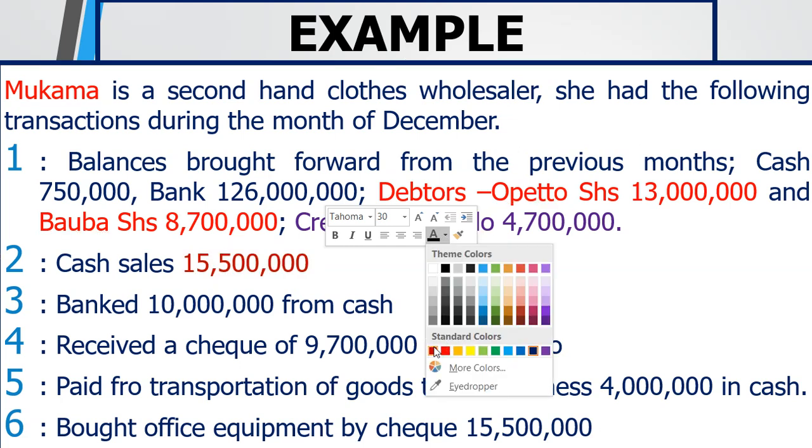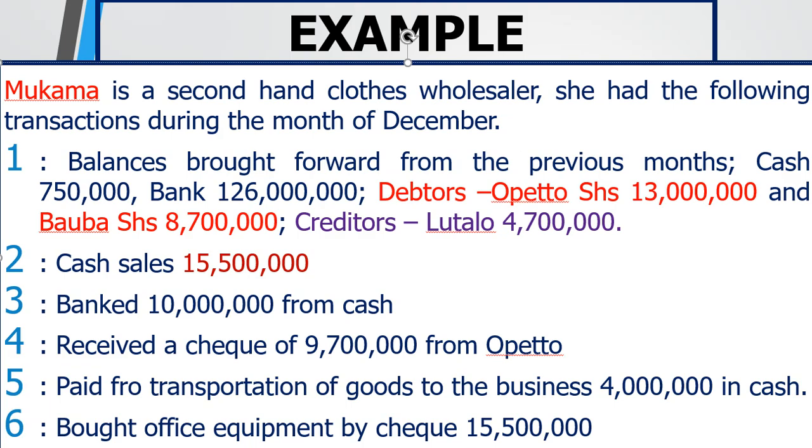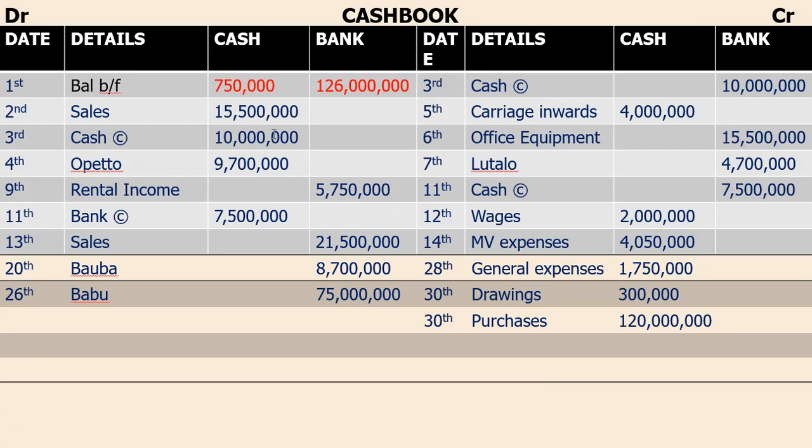And therefore, if you receive the cash, it means that our cash column of the cash book is going to be debited. So I will come here and I paint this figure red because it is a debit arising from sales that were made on cash.